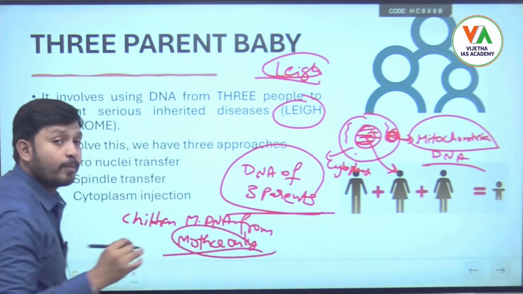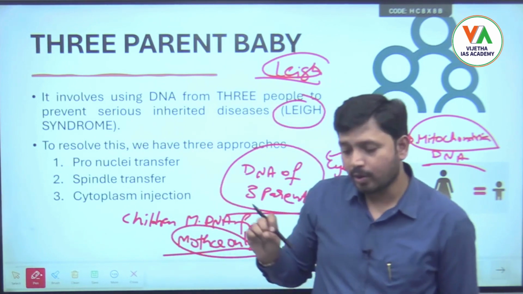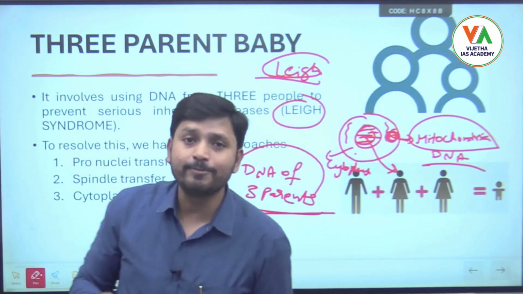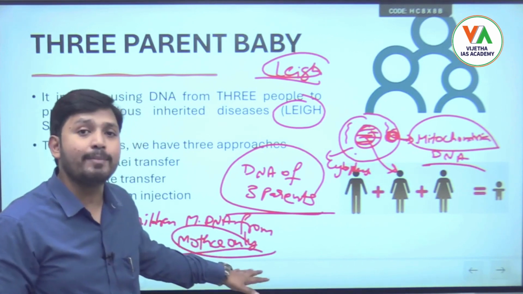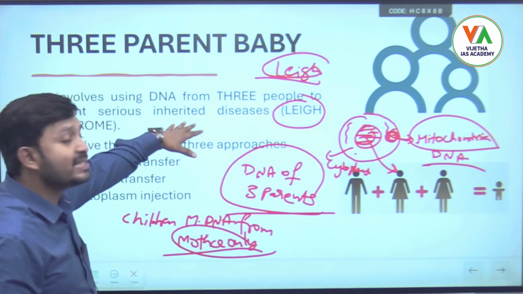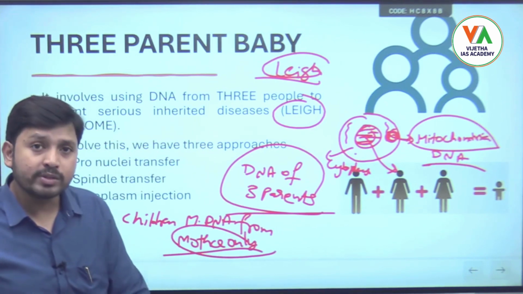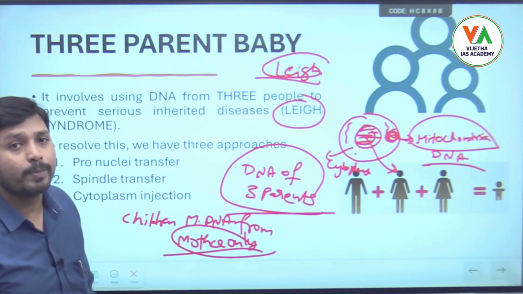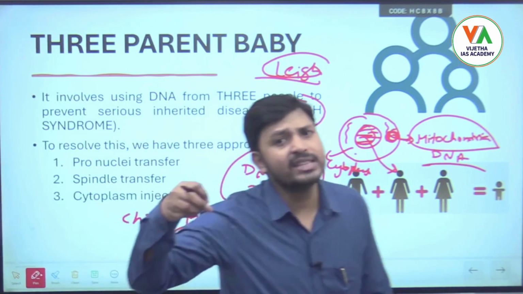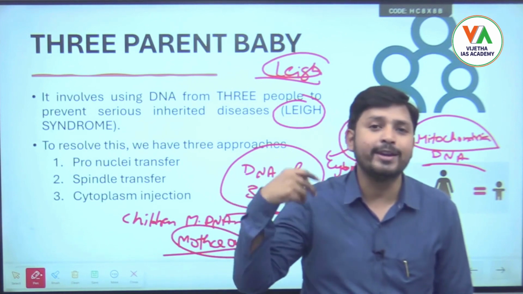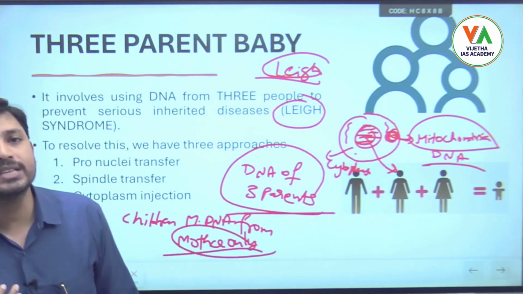We will see how this happens, but because of a defect in the mitochondrial DNA, we get neurological problems called Leigh syndrome. To solve this problem, we want to modify this mitochondrial DNA, either removing or discarding it. For that, different techniques are there, and we will see how they work.